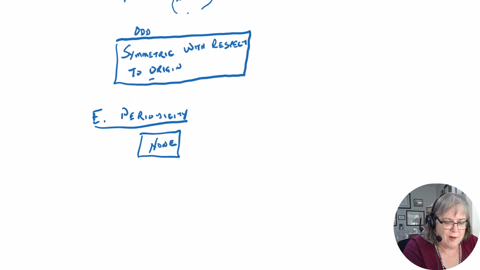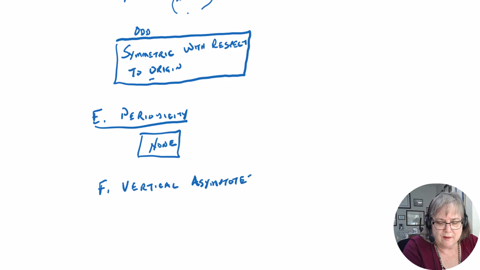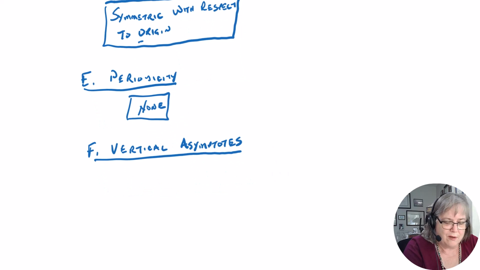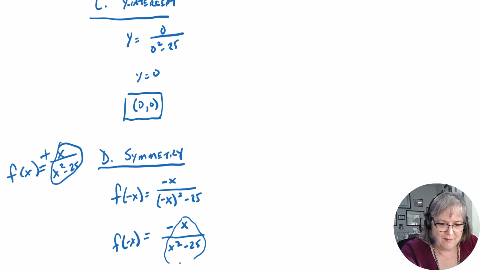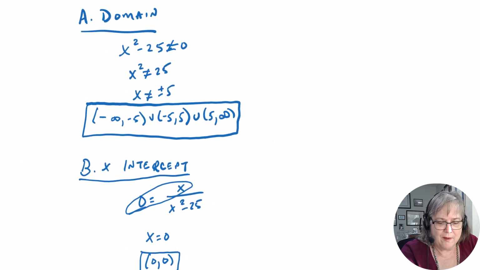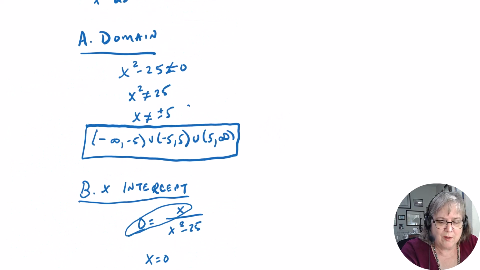And then we're going to talk about vertical asymptotes. Now you get your vertical asymptotes from restrictions on the domain, and in this case from what you couldn't have in the denominator. Up here in the domain, you tell me what you cannot have, right?